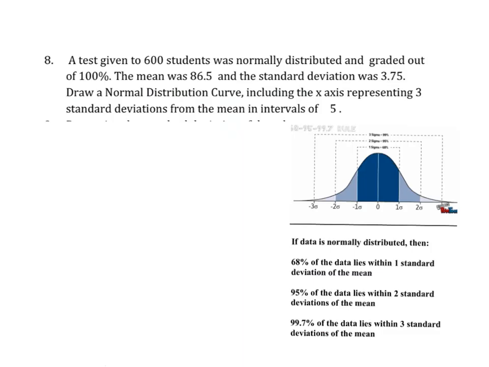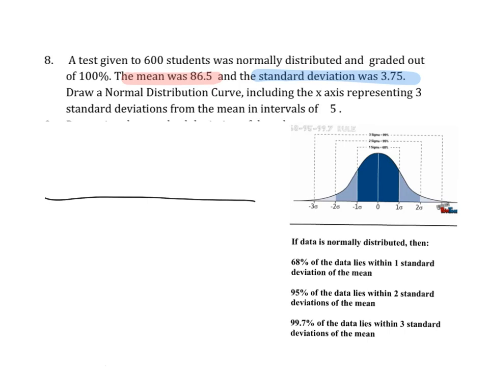A test given to 600 students was normally distributed and graded out of 100%. The mean was 86.5, so we'll go over to a number line, and it says the mean is 86.5, and the standard deviation was 3.75.